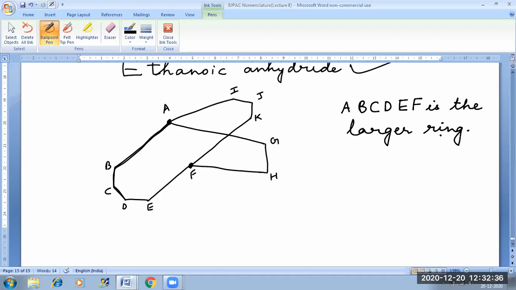Any doubt anybody has so far? Okay. Which is the smaller ring?